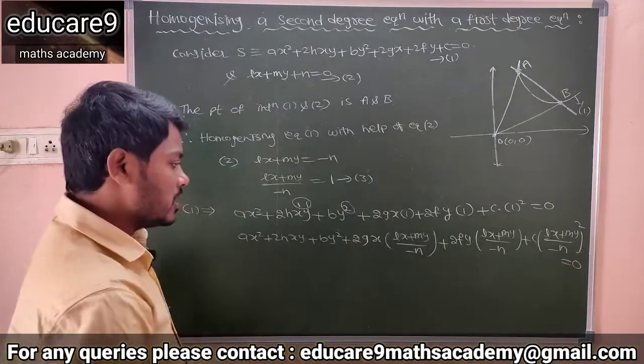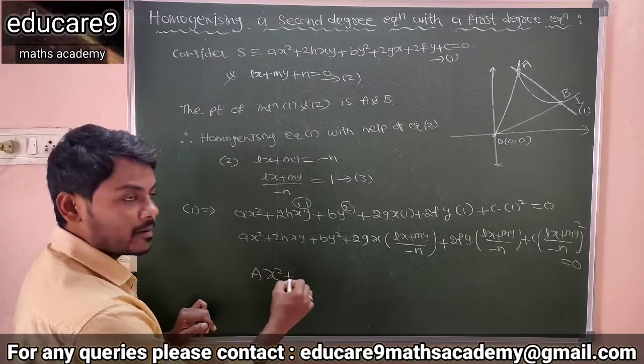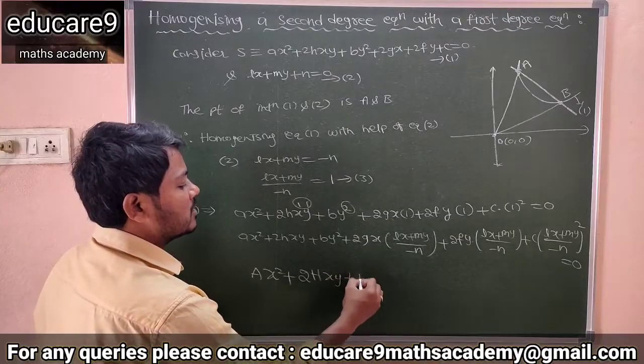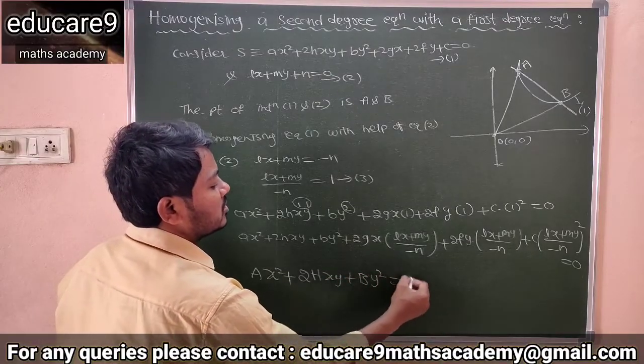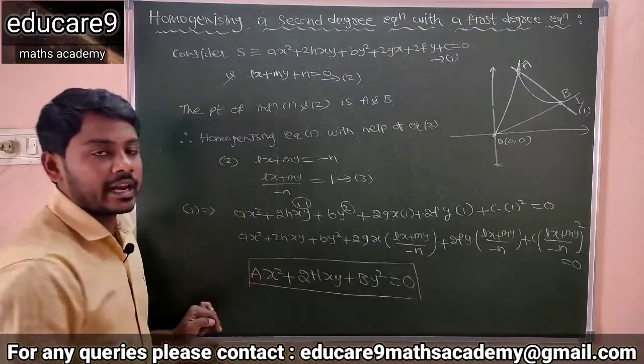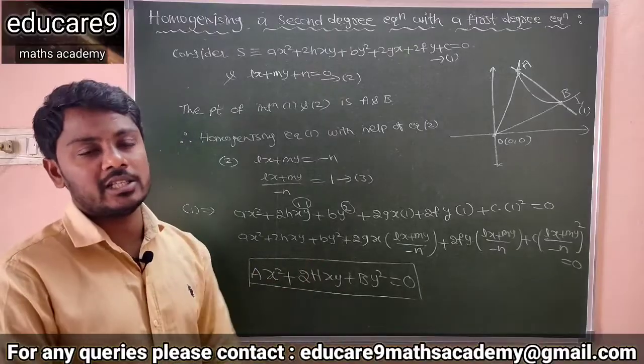Simplify this, and you will get some a' x square plus 2h' xy plus b' y square equals 0. Clearly it represents a pair of straight lines of degree 2, and this is a homogeneous equation.